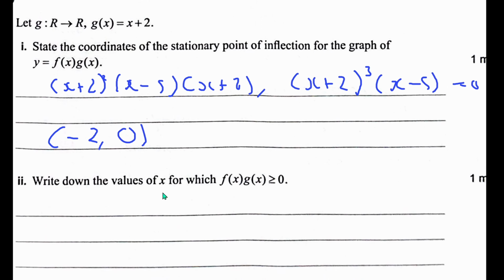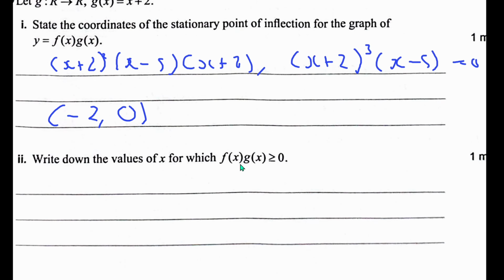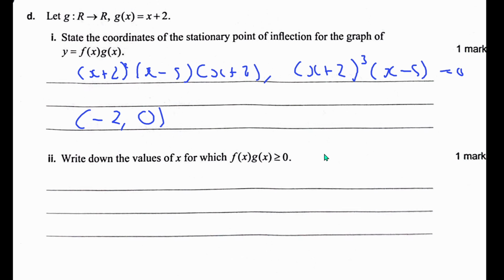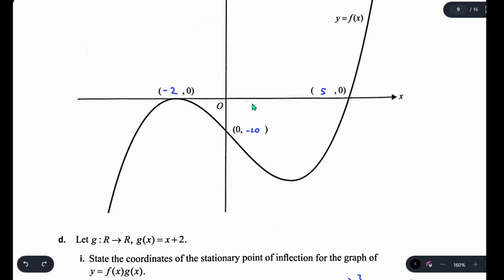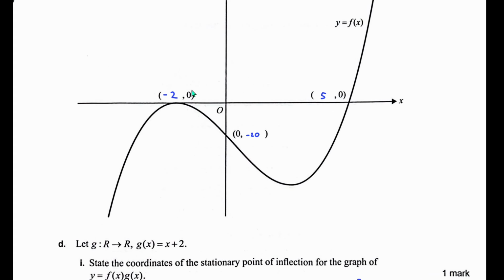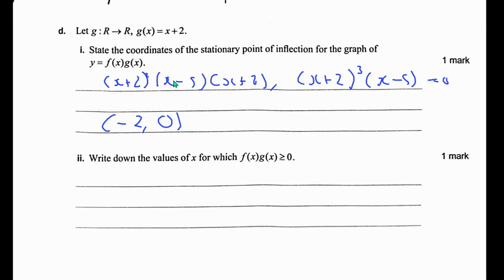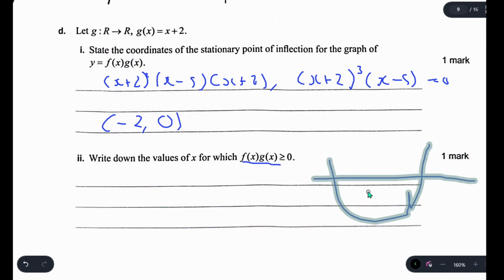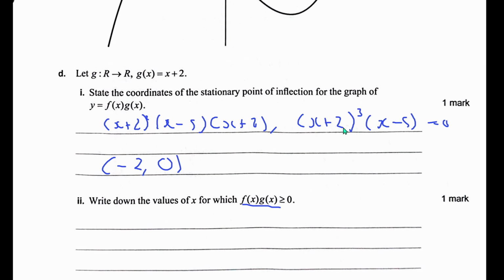Write down the values of x for which it is greater than 0. Okay. So let's imagine we multiply this by x plus 2, and it has to be greater than 0. This one is a quartic, which means there's going to be 2 parts where it's going to be greater than 0. So we know the x-intercepts are at 5 and -2.